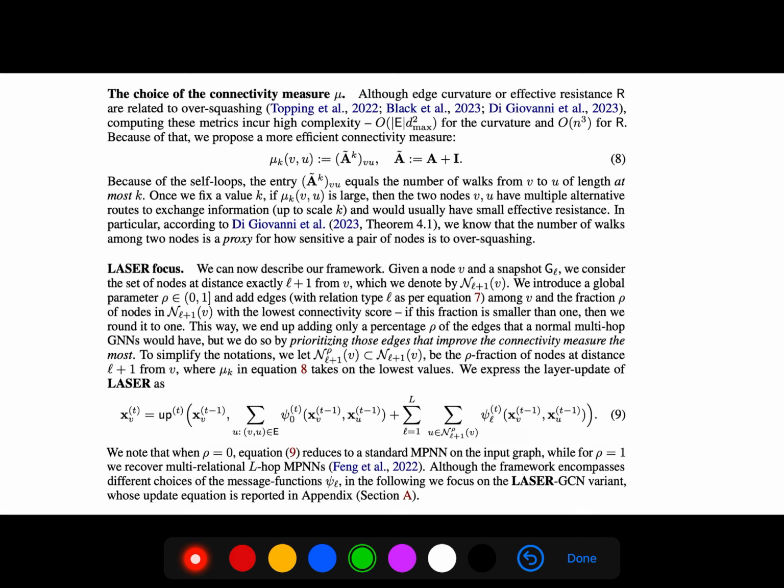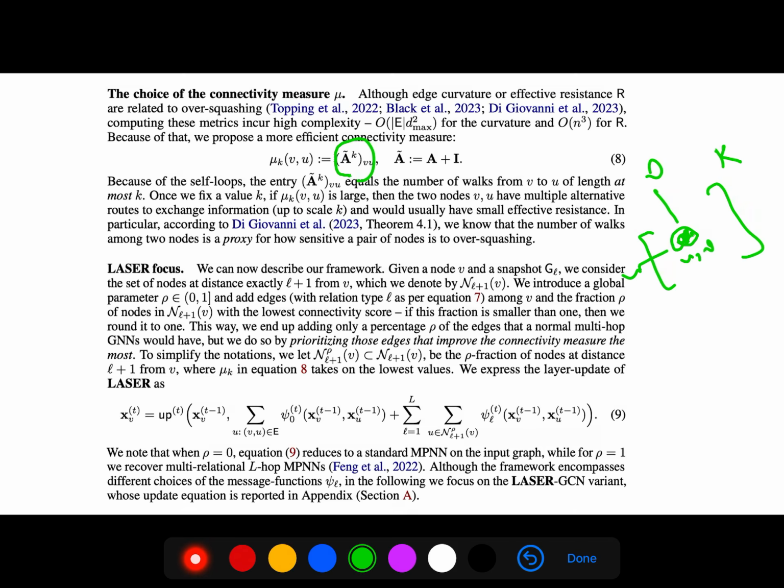Because the length is at most k, A to the k is enough for the connectivity information between two nodes u and v. So take the adjacency matrix to the power of k and look at the uv entry. This is the connectivity between u and v.